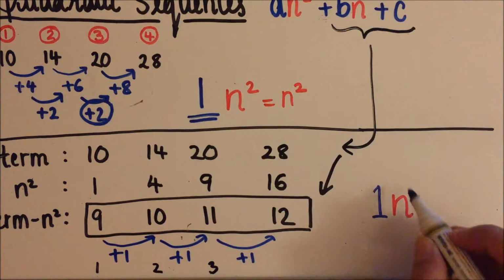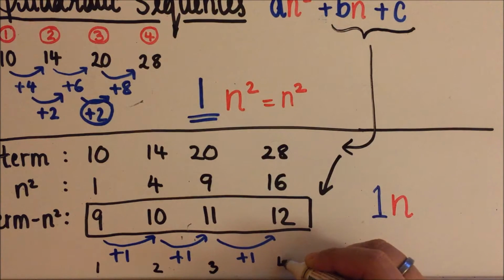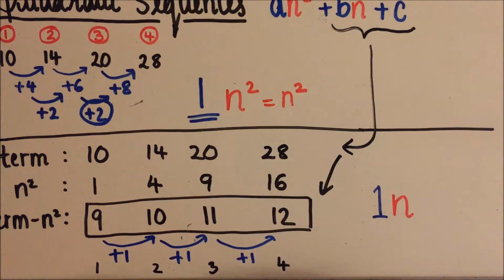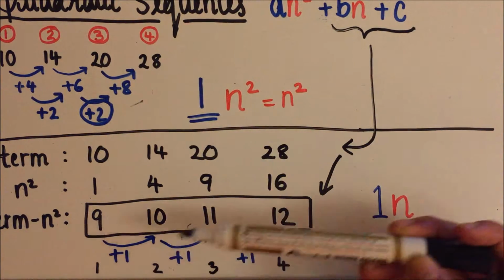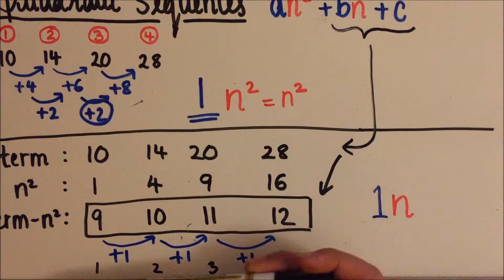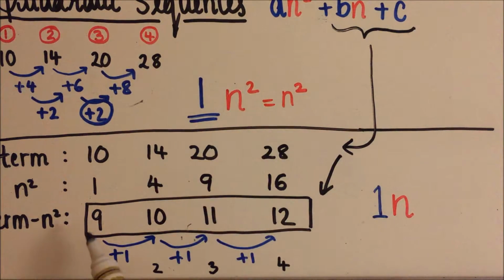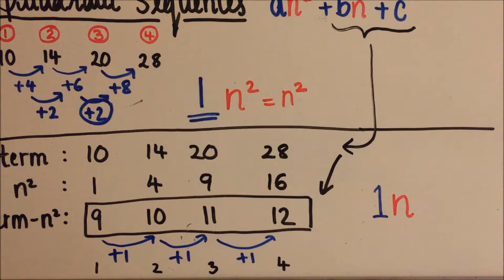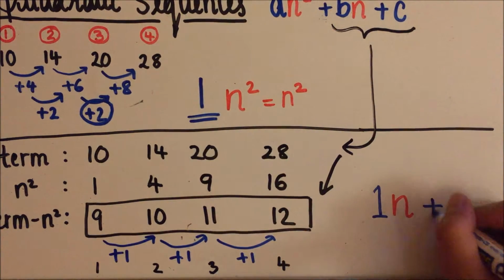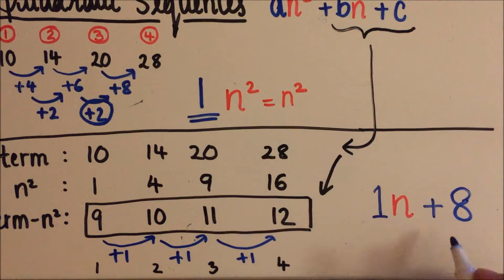And when n equals 4, we just get 4. So then we've got this sequence, and then we've got the actual sequence. So we say, how do we get from this sequence to this? So how do you get from 1 to 9? Well, you add 8. So all you have to do is put plus 8 at the end.